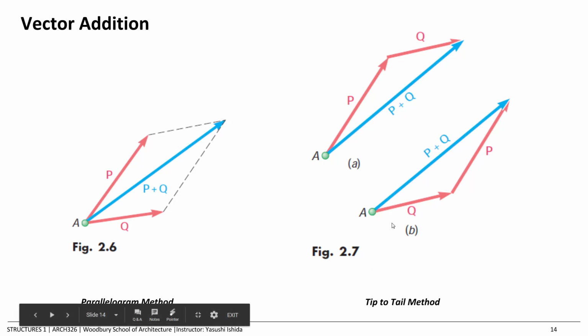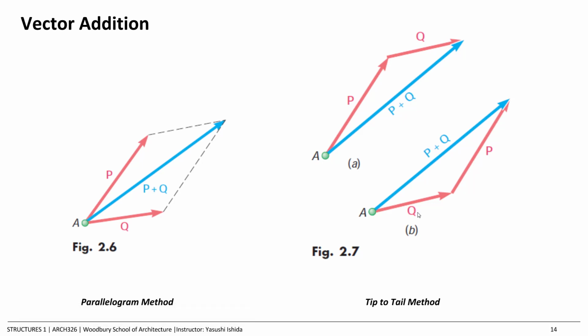The other method is called the tip to tail method, or the triangular method. If you want to add P and Q, it doesn't really matter which order. If you add P first, you go from A along the arrow P, and at the end point of P, you bring Q over there.